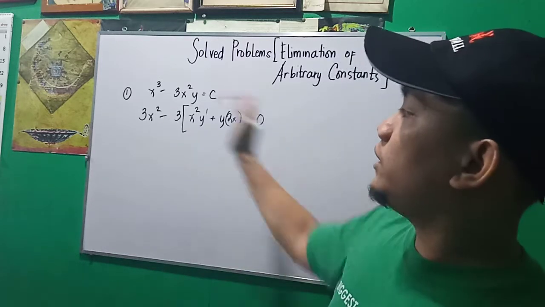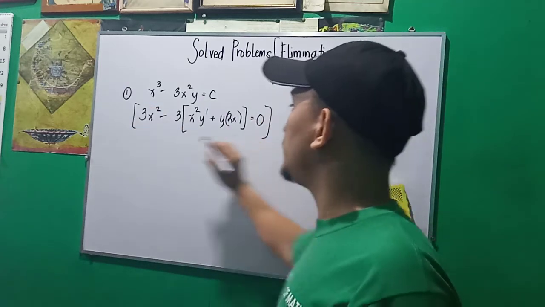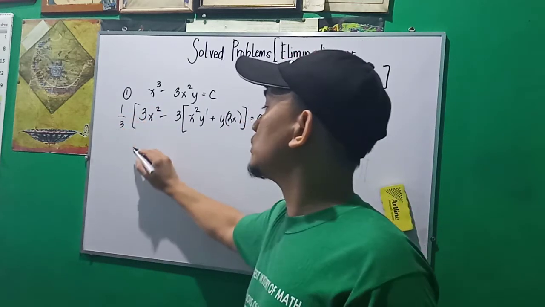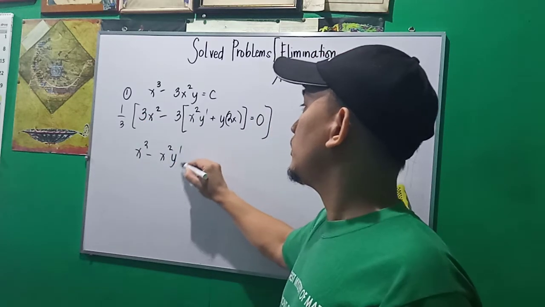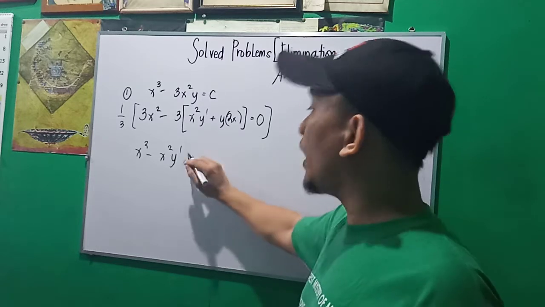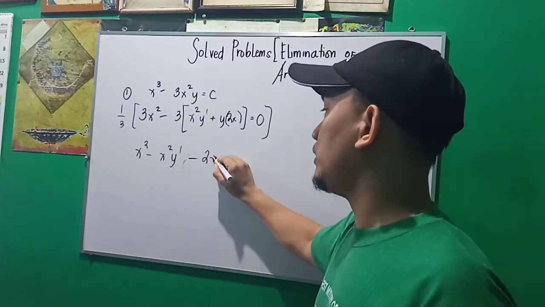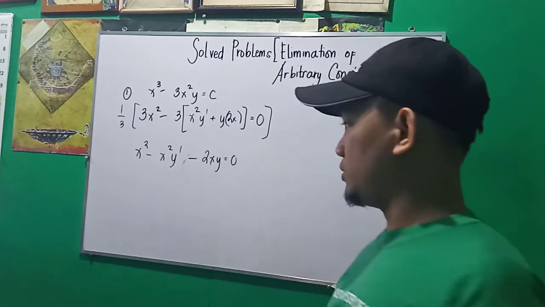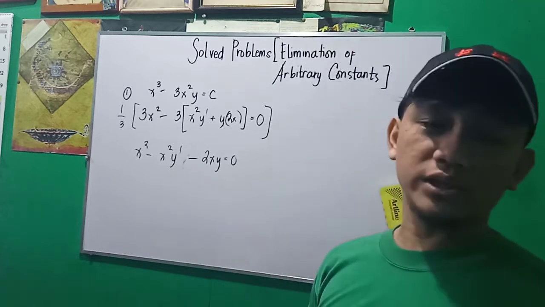So, pwede natin i-divide both sides by 3. So, multiplying both sides by 1/3. So, that is x squared minus x squared y prime plus, magiging minus kasi didistribute natin, minus 2xy is equal to 0. So, pwede natin gawin, yan na yung pinaka-final answer natin.